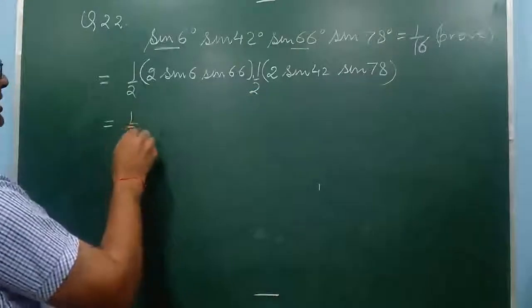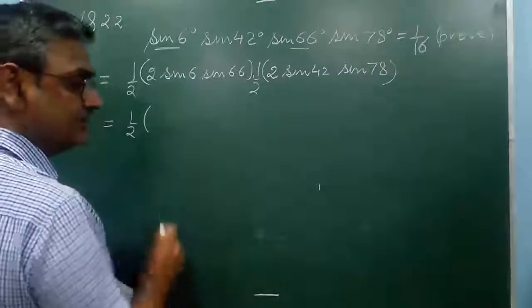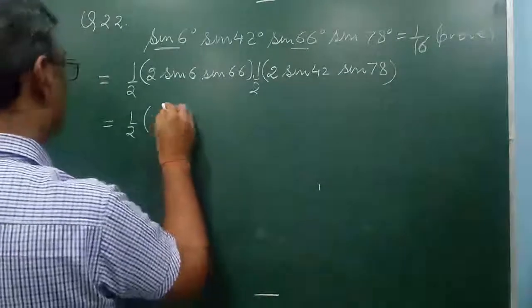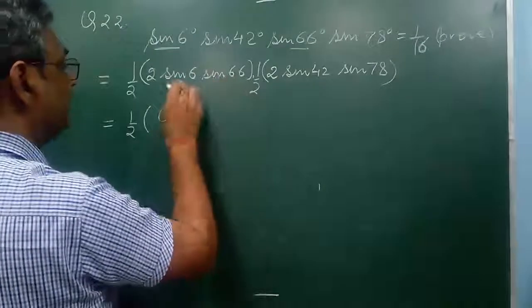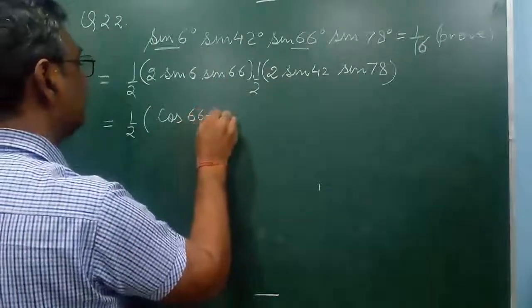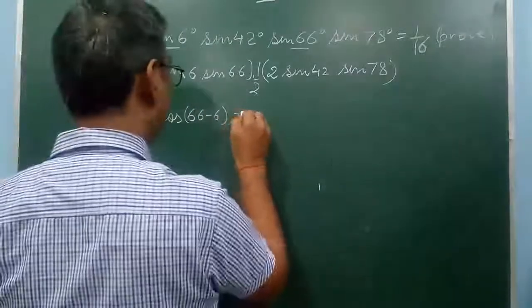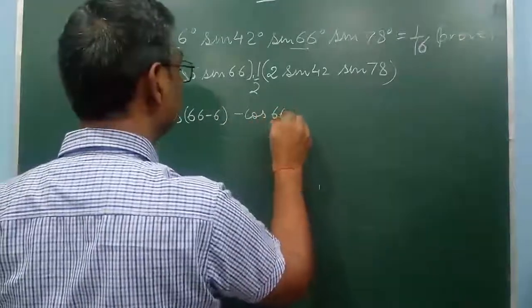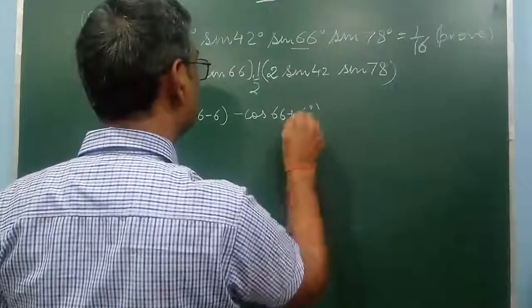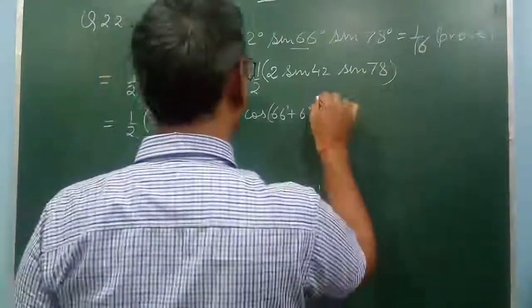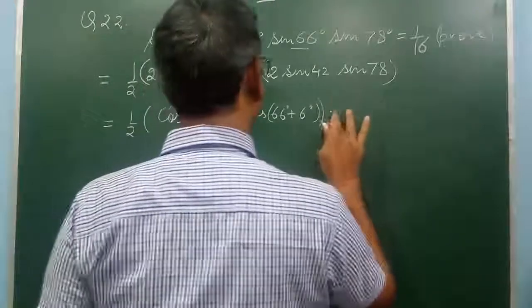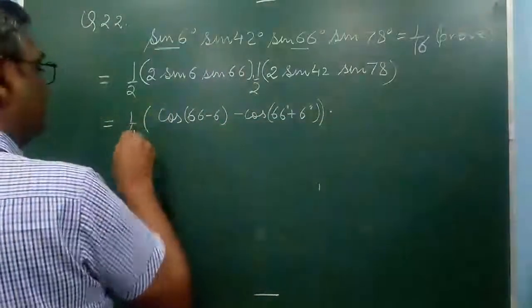Now what will it be? The formula is 2 sin A sin B is cos (A minus B), 66 minus 6, minus cos (A plus B), this into half, or half we can write here 1 by 4.